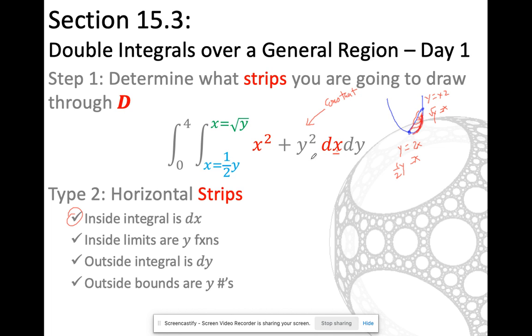But then I'm going to replace the y stuff from integration by the second fundamental theorem with x stuff. Then I'll do this one. Then I will just be integrating a bunch of y terms, dy, with the outside bounds are y numbers from, again, your points of intersection. Okay, I leave that one for you to do.